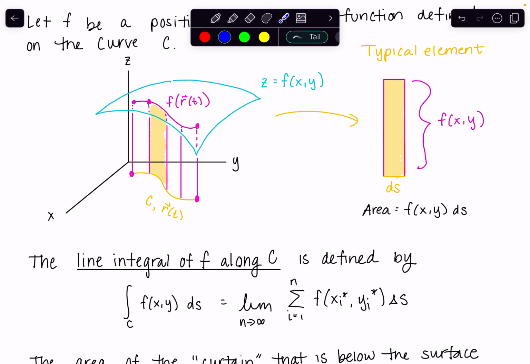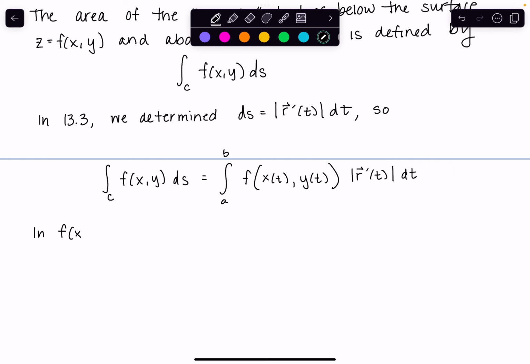So in general, if your function on the inside, oh, that should be f, is just 1, then this line integral is really just evaluating the arc length.